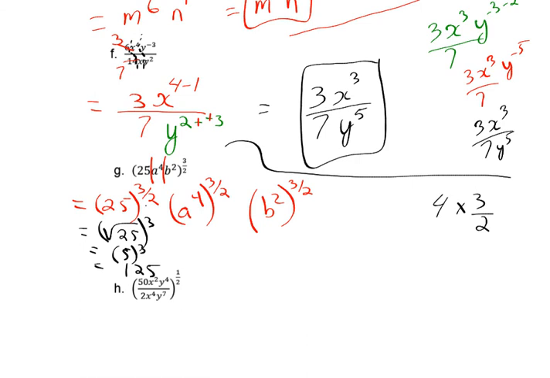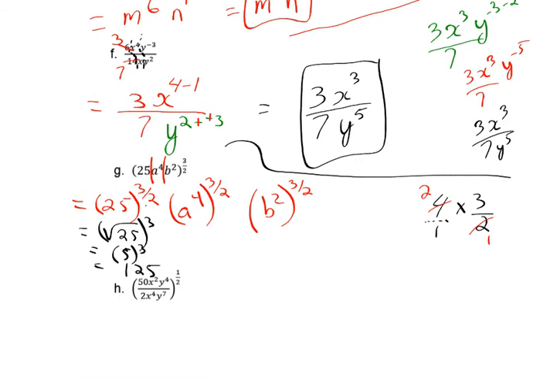Let's look at some strategies to be able to keep your numbers smaller. When you're multiplying fractions, you can go across to the other one. 4 divided by 2, 2 times 3, 6.